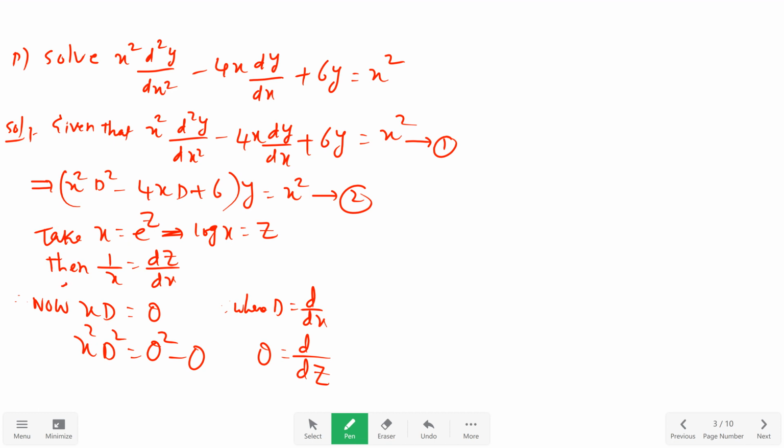By taking these substitutions, we can find the value of x D is equal to theta, and x square D square is equal to theta square minus theta. We need only up to x square D square, because the given differential equation is only of second order. So substitute these values in equation 2.